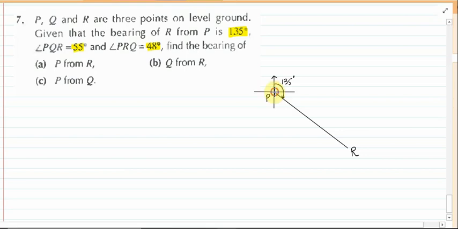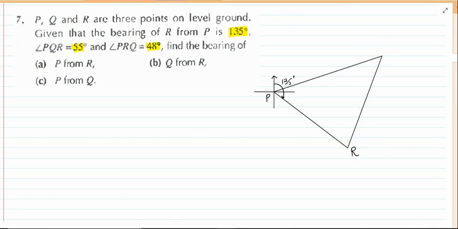So it will be like this, PQR, and then from this line to this line, right? So this part you need to attempt with the help of a divider, right? This angle PQR is 55 degrees and PRQ is 48 degrees. So that is your question.